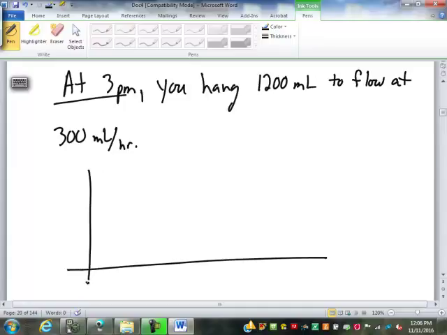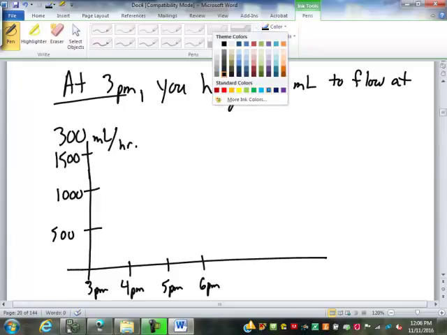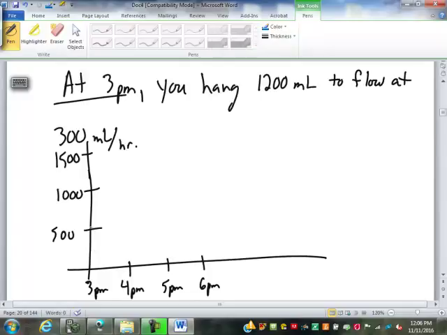I'm going to label it as 3 p.m. I have to have my volume on here, so I'm going to call this 500, 1,000, 1,500. So at 3 p.m., there's 1,200 units there. That's my y-intercept. It's being depleted at 300 milliliters per hour.